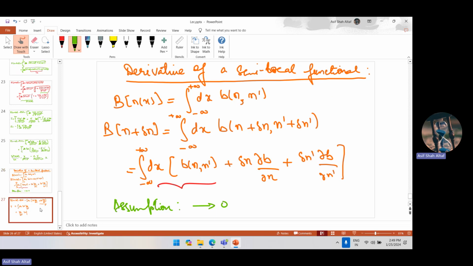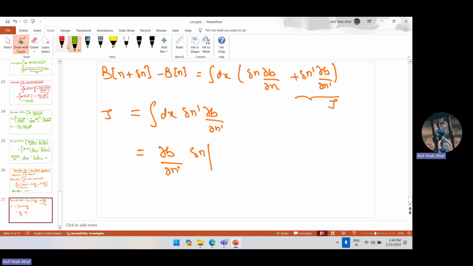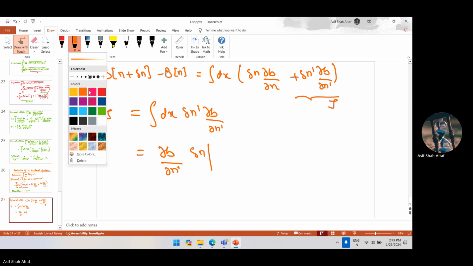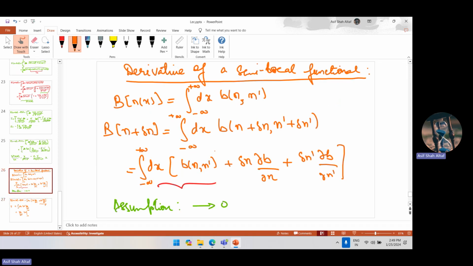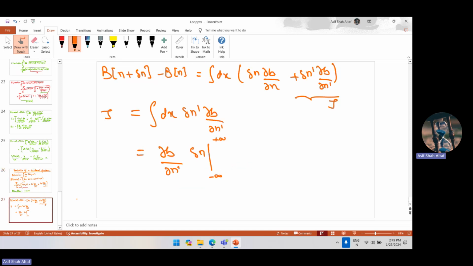Okay. So then what we will have is all endpoints of the n of x basically go to zero and all its derivatives at the endpoints. So then we will have this thing here, and then we can write the same thing as d by dx.